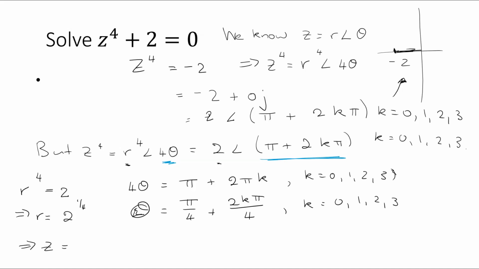We can put that together and now say that z is equal to 2 to the power of a quarter angle pi by 4.